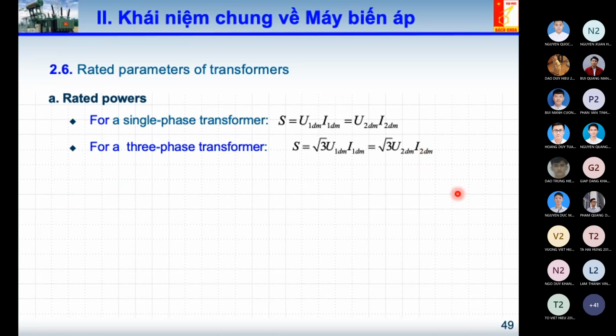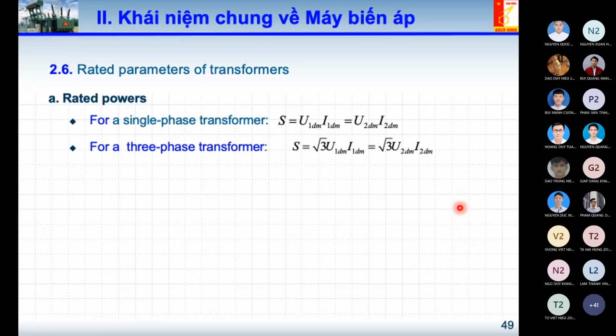Of course, I have just introduced to you the three main rated parameters of the transformer: the rated voltage, the rated current, and also the rated power.